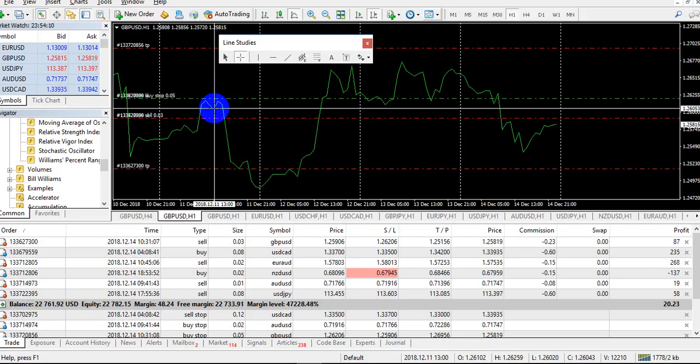That is 2018 12/11 1300 hours. In other words, the 11th day of December 2018 by 1300 hours. What it means is that at that exact hour, the exchange rate was 1.26053.